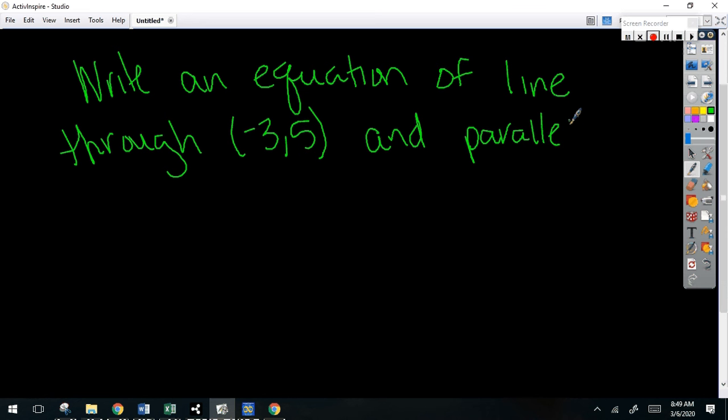And I'm going to start using this symbol for parallel. Does it make sense why I would use that symbol? Yes, because it looks like two parallel lines. And parallel to y equals 2x minus 4.